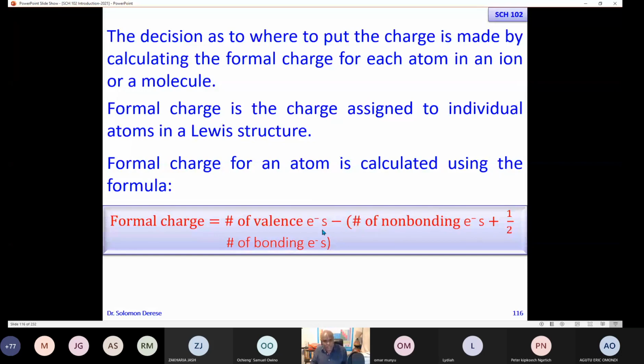So number of valence electrons minus non-bonding electrons minus half of the bonding electrons, because among the bonding electrons, it is only half of them that belong to that particular element. When you do that, you'll have the formal charge on that particular element.